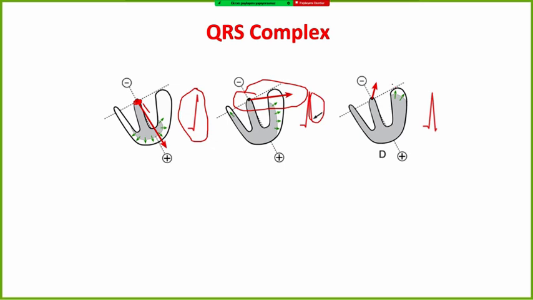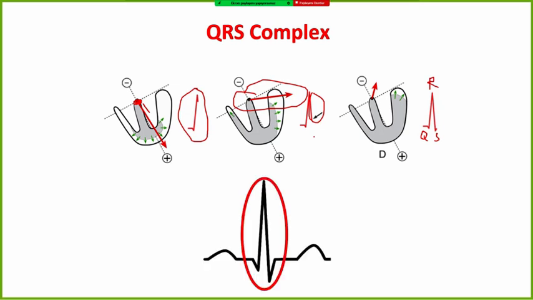And then the remaining ventricular walls are depolarized, and this forms the S wave. So we have here the QRS complex, which is formed by ventricular depolarization.